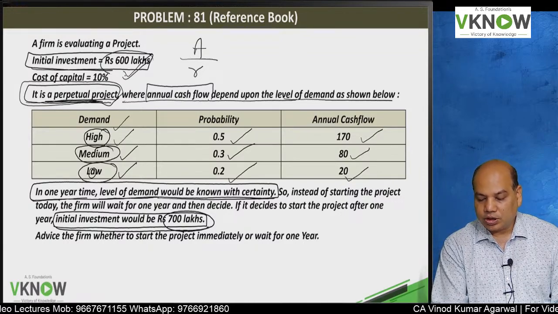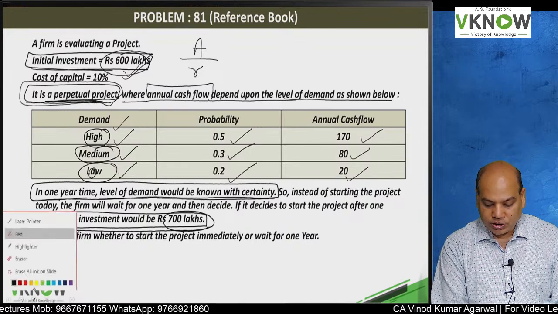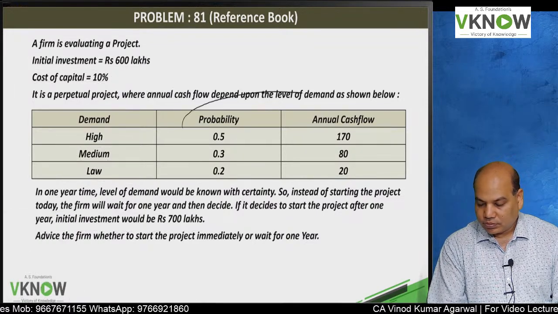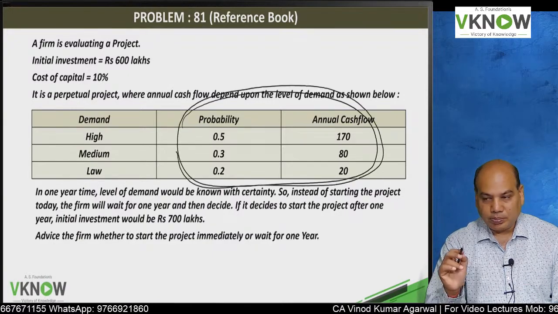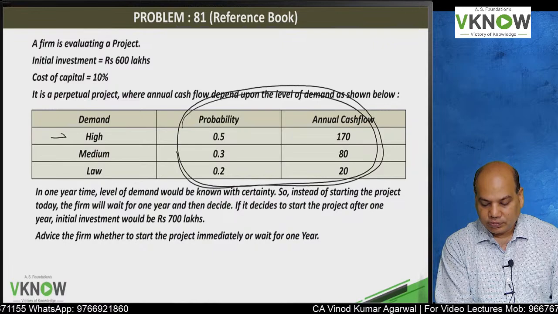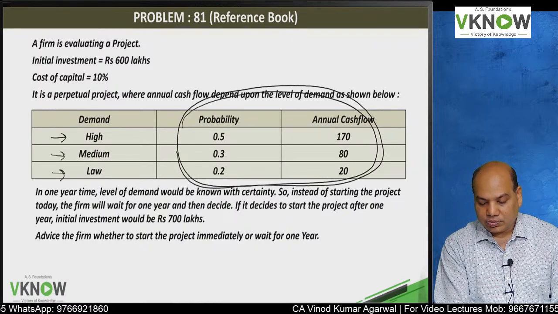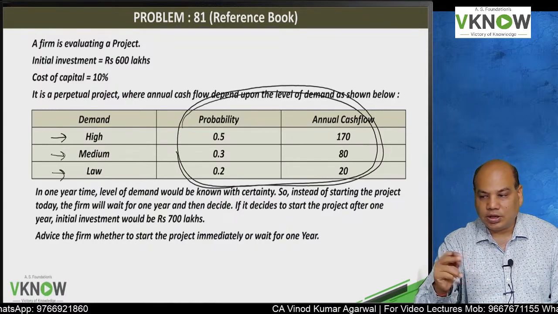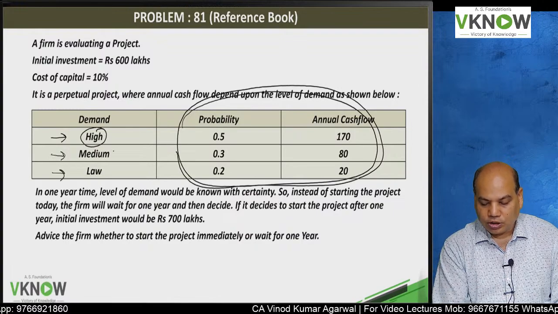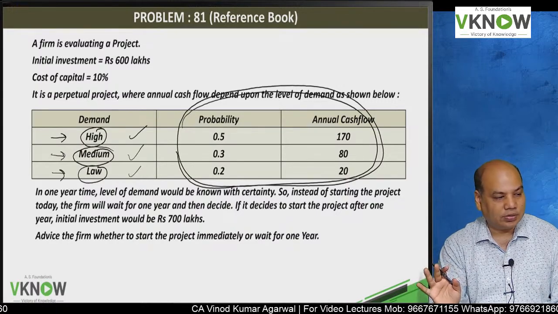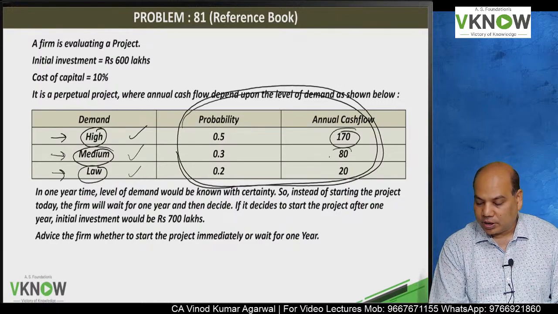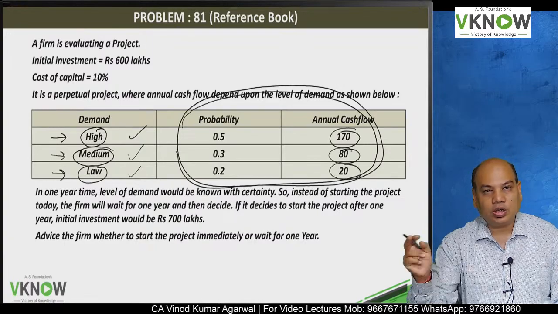If you start today, then you have to deal with expected cash flow of the next year. But if you wait for 1 year, then you will do 3 calculations, because by the time 1 year is over, you will know the demand position, either this or this or this, not all 3 now, and therefore we'll do separate calculation in all 3 scenarios.